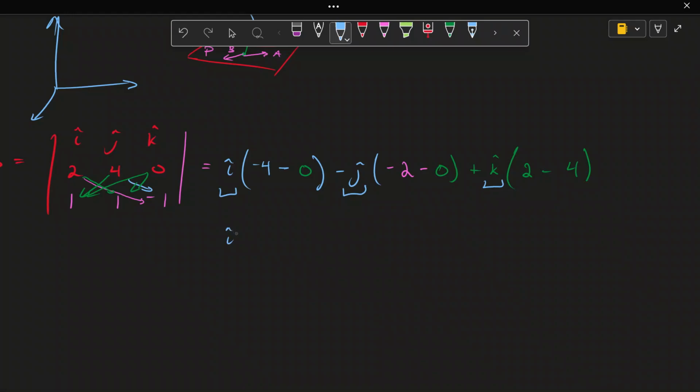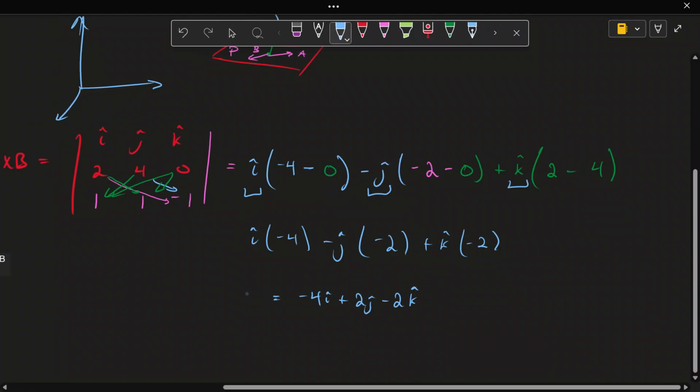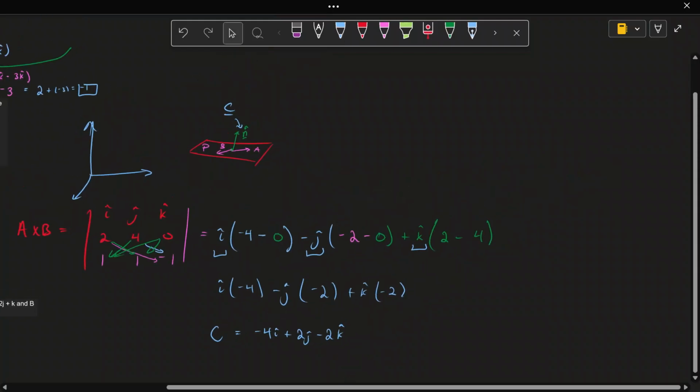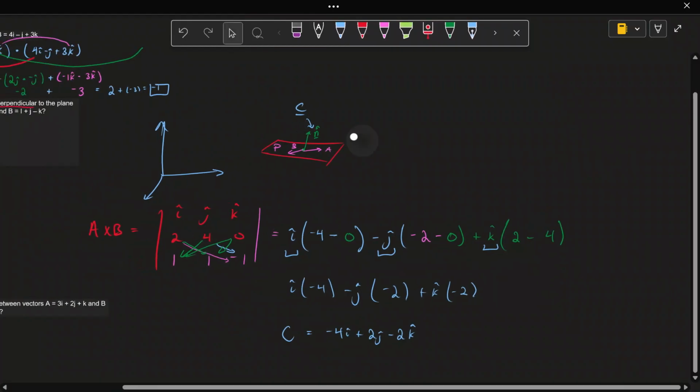So it is i hat, -4 minus 0 is -4, minus j hat, -2 minus 0 is -2, plus k hat, 2 minus 4 is -2. And what we're going to get is -4i hat plus 2j hat minus 2k hat. So that is our vector C. That is our perpendicular vector to the plane AB, or plane P.